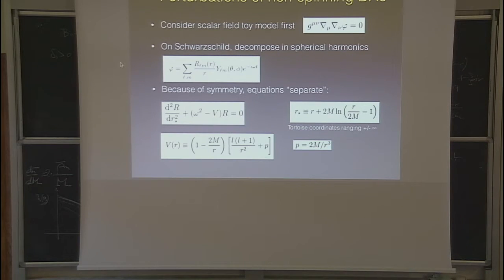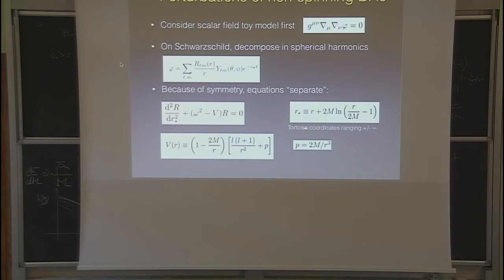And this p, I use a different symbol for p, because you get a similar equation if you consider a vector field, or a tensor field, on a Schwarzschild background. The equations that you obtain are very similar to this one, and the only thing that changes is this small p. This small p depends on the helicity of the perturbation. So r star here is the tortoise coordinate.